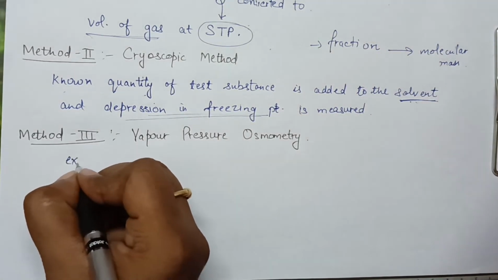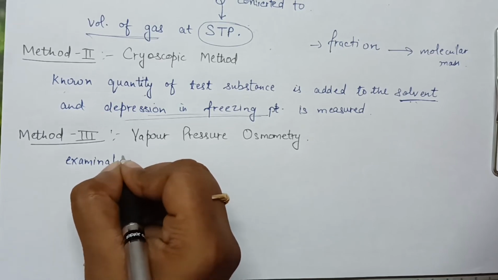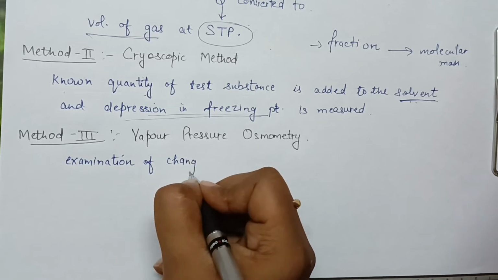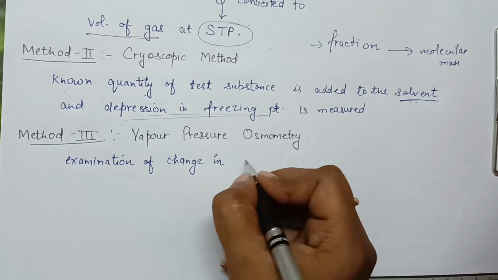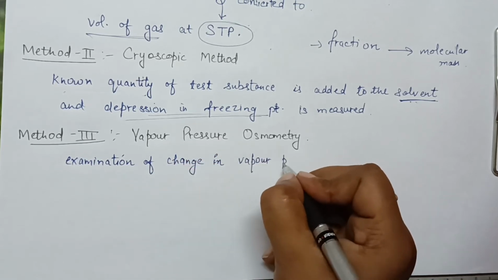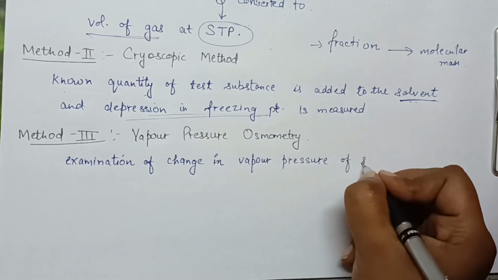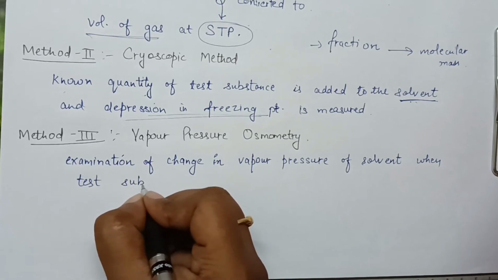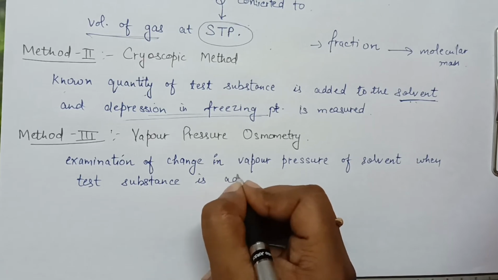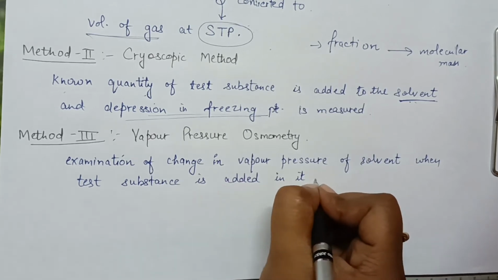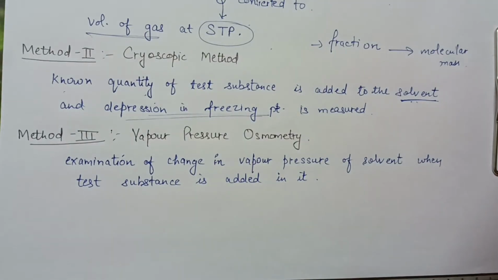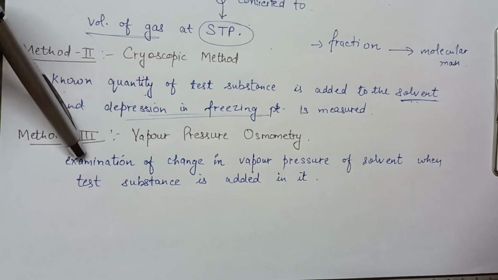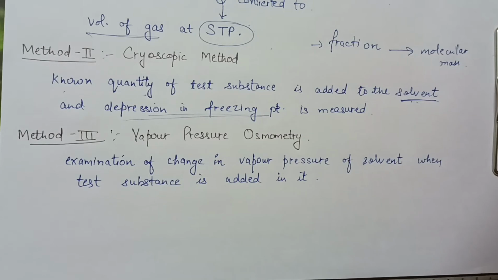In this, we will examine the change in vapor pressure of the solvent when the test substance is added to it. Similar to the previous case, where we noticed the depression in freezing point, here we check the net change in the vapor pressure value of the solvent when the test substance is added.